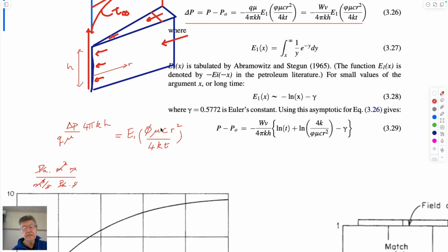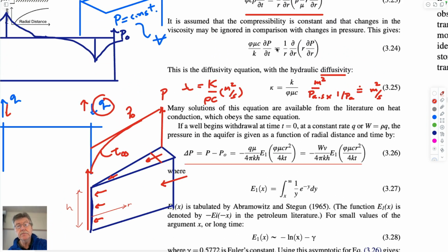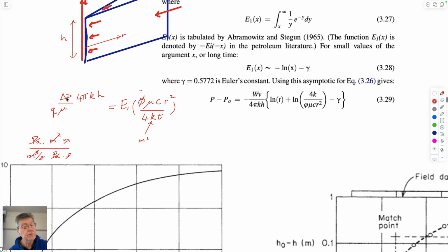We could do the same for this. This is compressibility, this is radius, this is viscosity, permeability is in meters squared. And you'd find this is porosity, which is dimensionless, Pascal seconds, 1 over pascals, length squared, time. You'd find that this is also dimensionless. And so what this means is that this PDE, which has lots of terms in it, once you break the terms down, they fit into 2 non-dimensional groups.